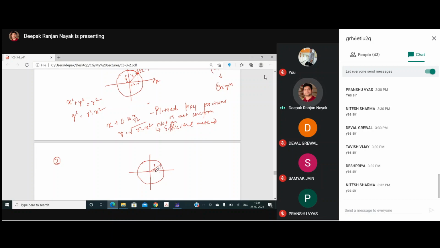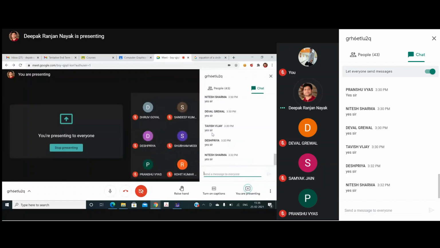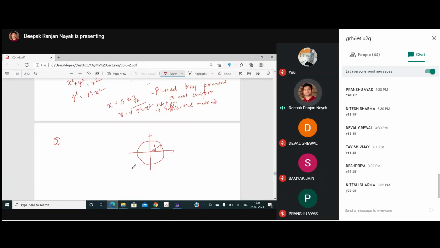Instead of x and y, I can show you here. If it is r and theta, how will x be represented? You all know that, right? Can somebody tell me? Then how can I define a circle here?